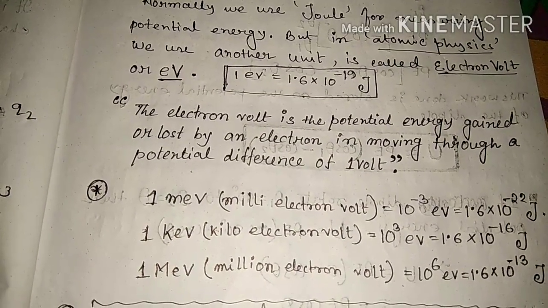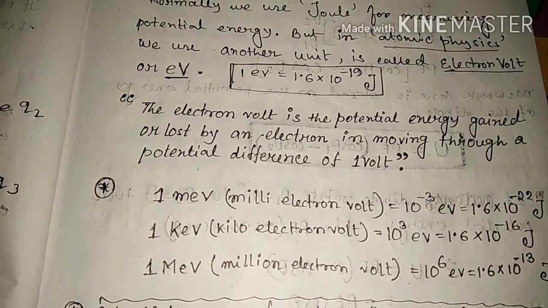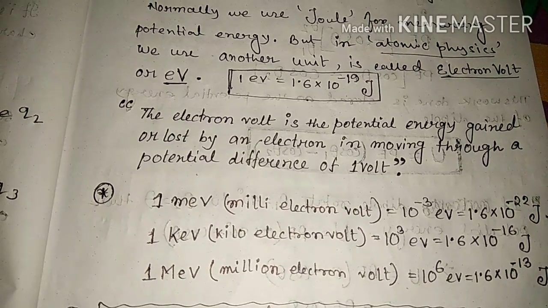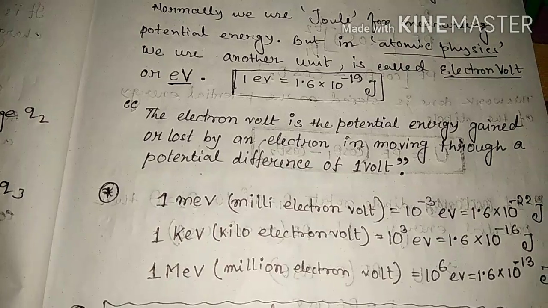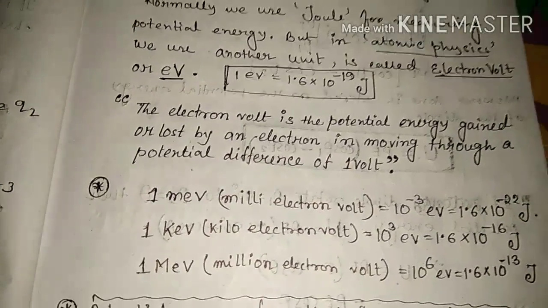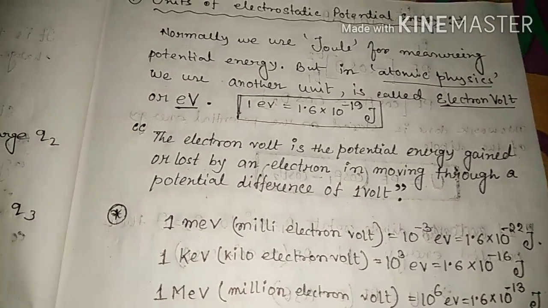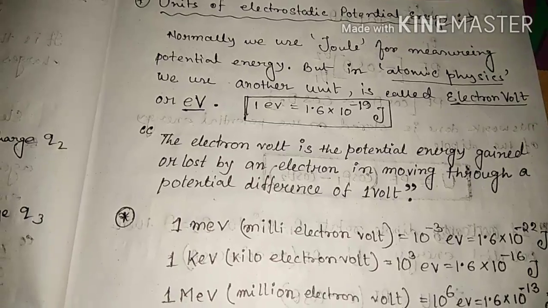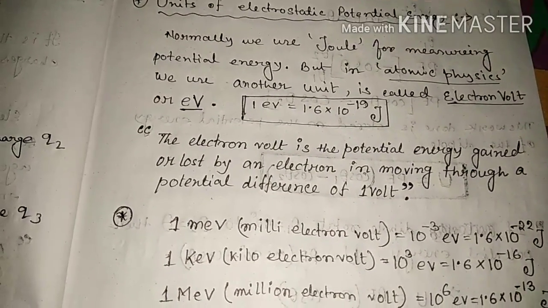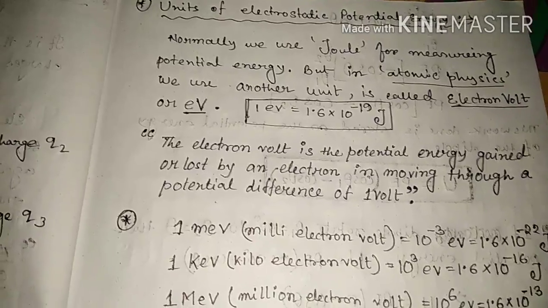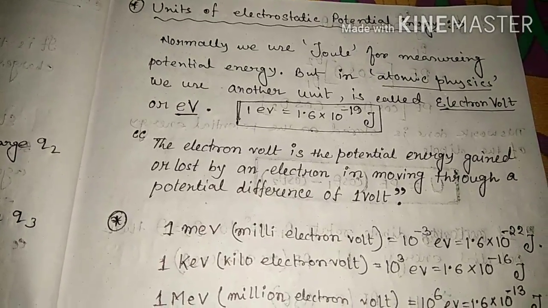If the potential difference is 1 volt and the electron moves from one point to another, that is called an electron volt. One electron volt means one electronic charge into 1 volt, and the electronic charge is 1.6 into 10 to the minus 19, into 1 volt. That is in joules.